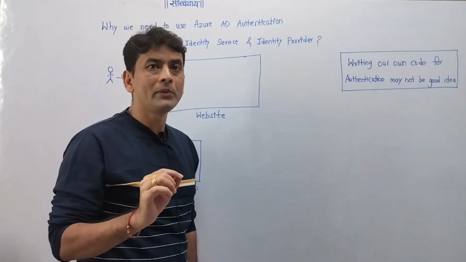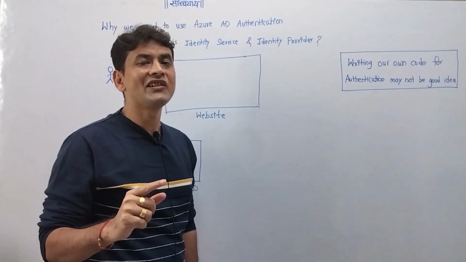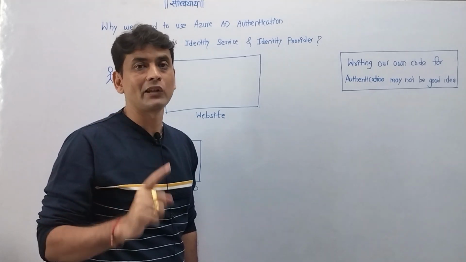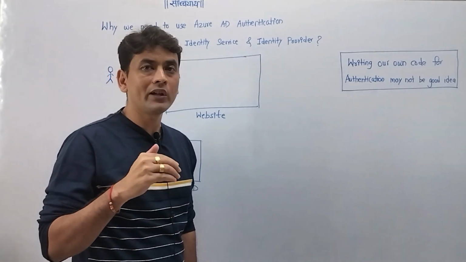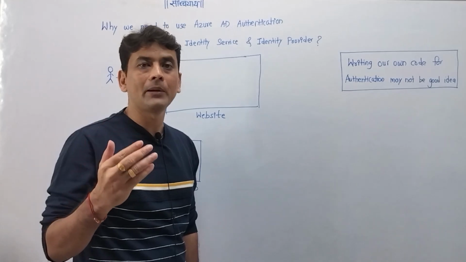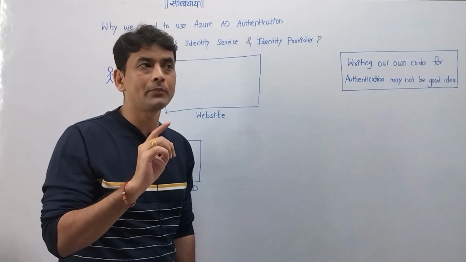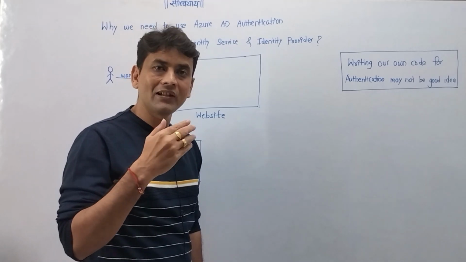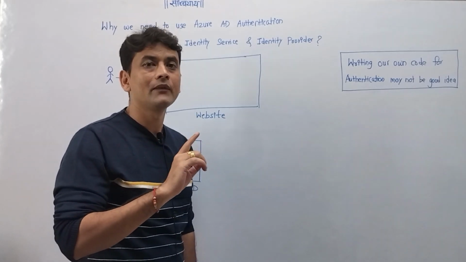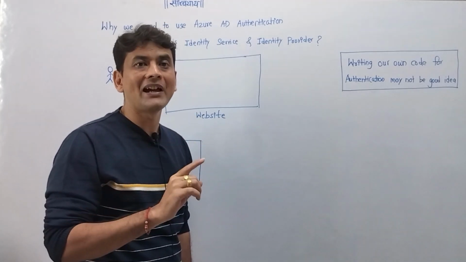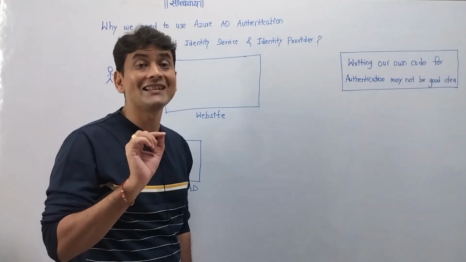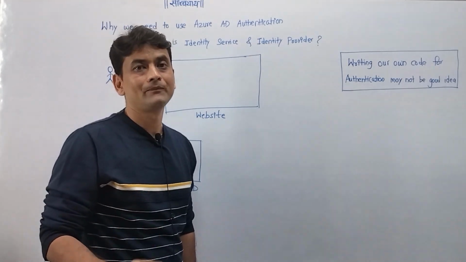So you need to make sure that the user credentials which you have stored are secure, right? And secure not only when they are stored in the database, that is secured at rest, but also during transit as well. That means when those credentials are passed over the internet or over the network, at that time as well you need to make sure that these are secured.